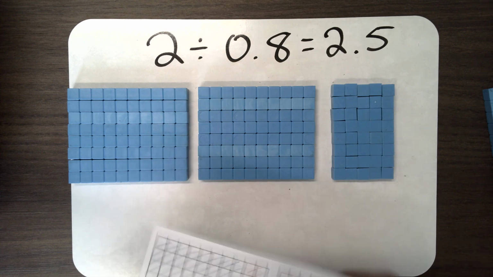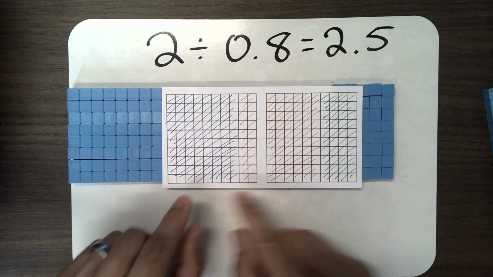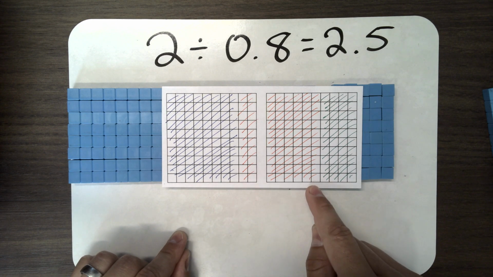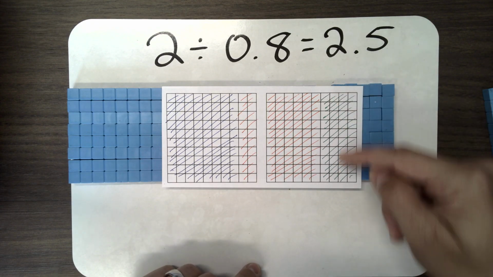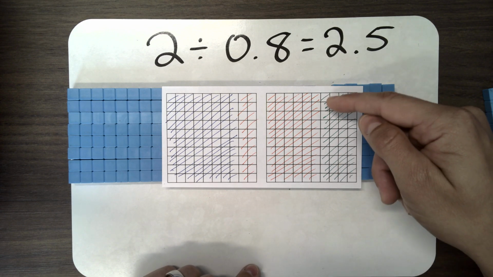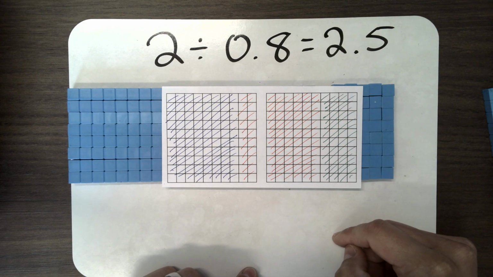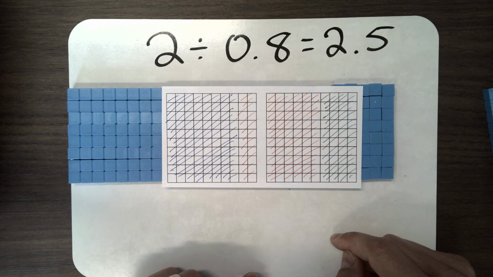We can do a similar thing with our representational model. We had that total of 2 started, so I had the 8 tenths shaded here, 8 tenths shaded here, and those are my 2 full groups, the blue and the red. And then over here, I have 4 tenths of a whole that are shaded. But again, we want to figure out how many groups with the size of 8 tenths do we have.